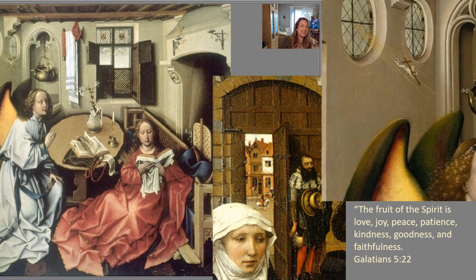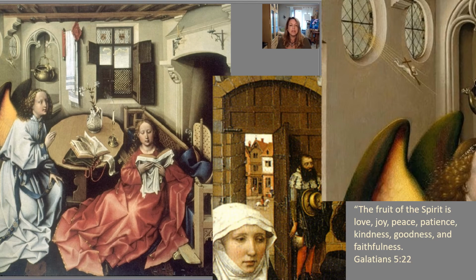One of my favorite details is you see the pot hanging in the back. You see this kind of cooking pot that's just been hung up. Well, it's empty. That is believed to be connected to a symbol for the Virgin's womb. Indeed, the Virgin is empty, and that is going to change, and this is that moment.